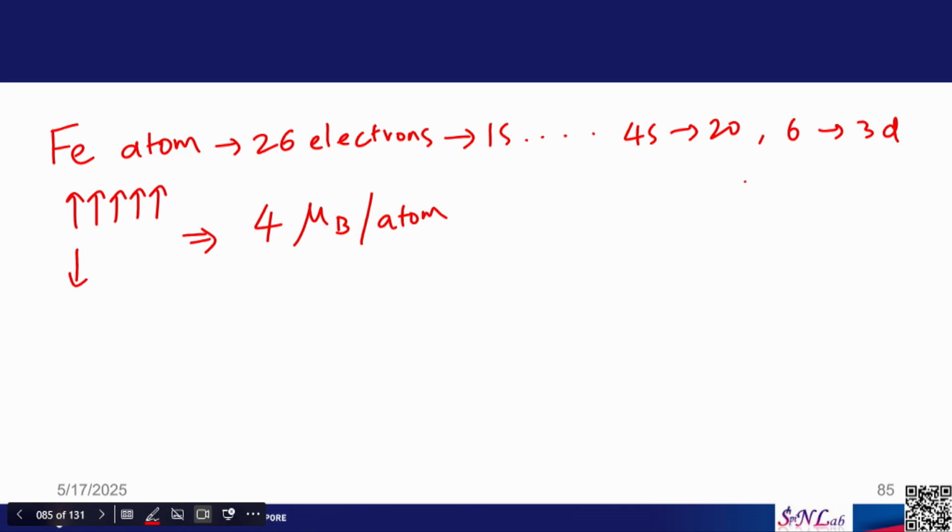Okay. So, this is something that we learned first. So, the first concept is the atomic magnetic moment.